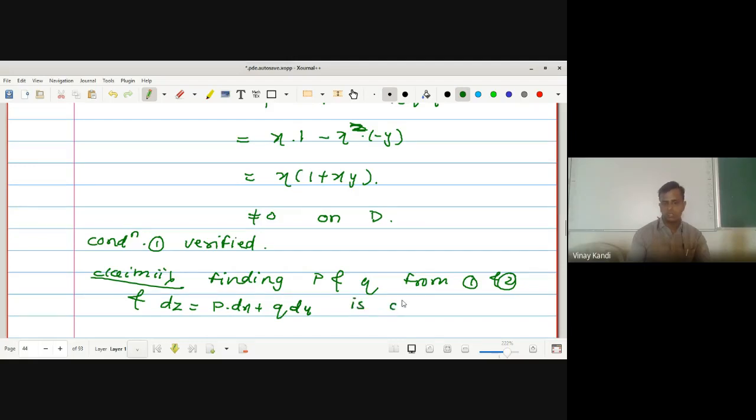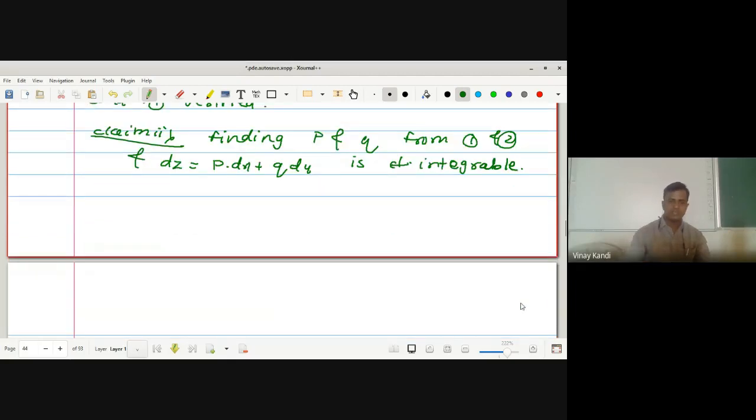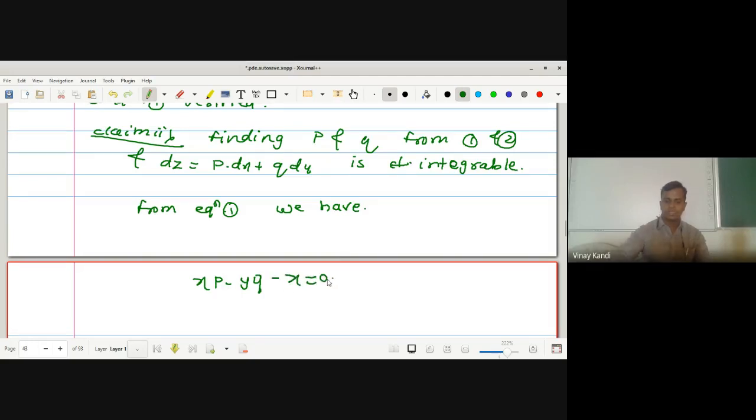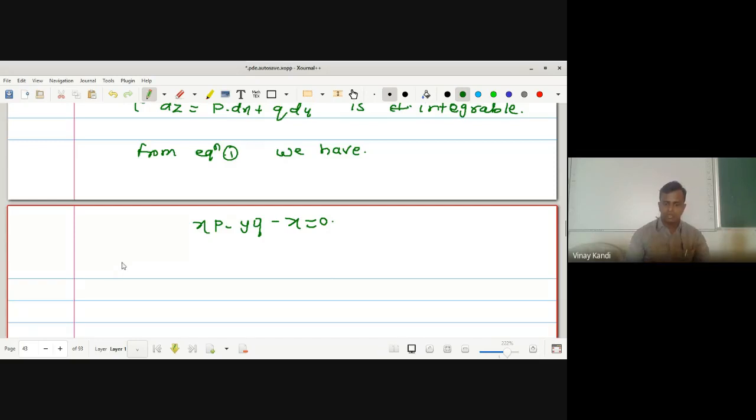We have to solve this. Okay, now from equation 1, we have xp minus yq minus x is equal to 0, no? Now tell me what is the value of this one?